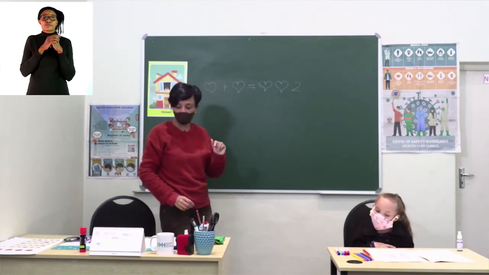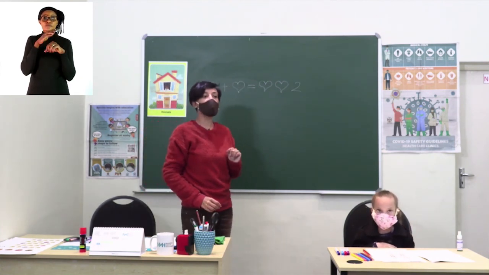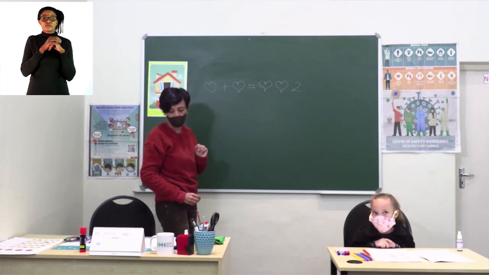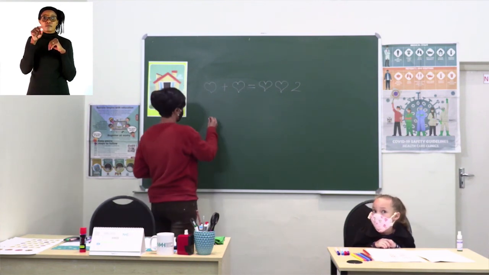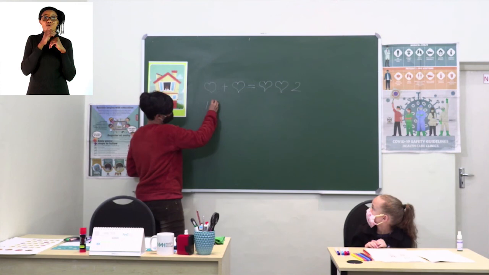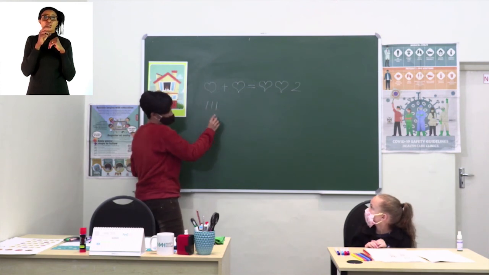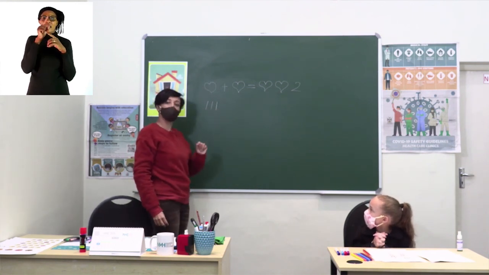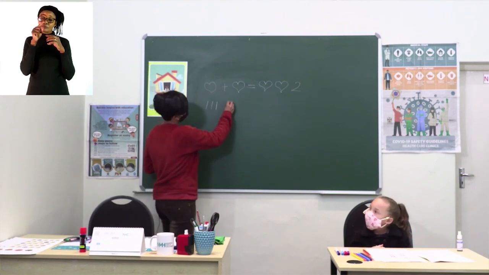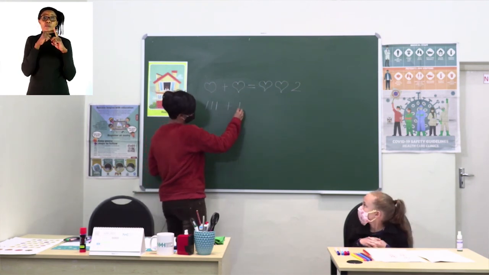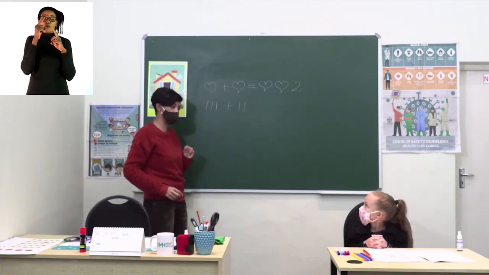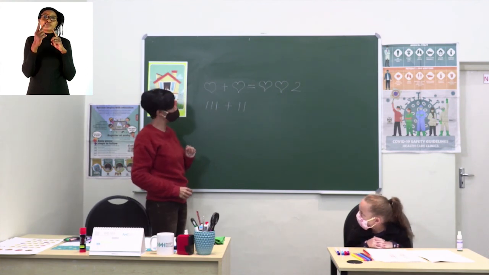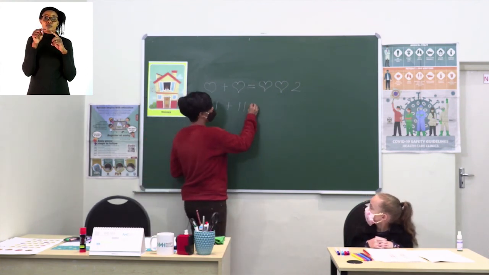I'm going to make another example. Let's make use of sticks. How many sticks do I have here? 3 sticks. Plus, how many sticks are on that side? 2. So now, let's see.